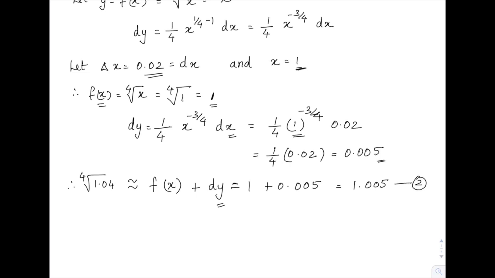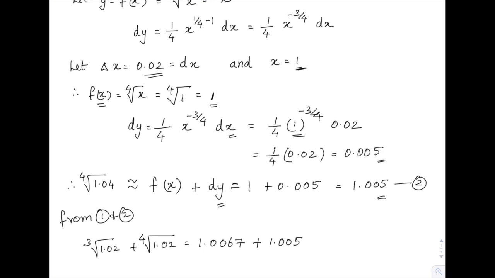I'll mark it as 2. From 1 and 2, cubic root of 1.02 plus fourth root of 1.02 is equal to, the first one is 1.0067 and the second one is here 1.005, which is equal to 2.0117. Yeah, this is the answer to the complete problem.